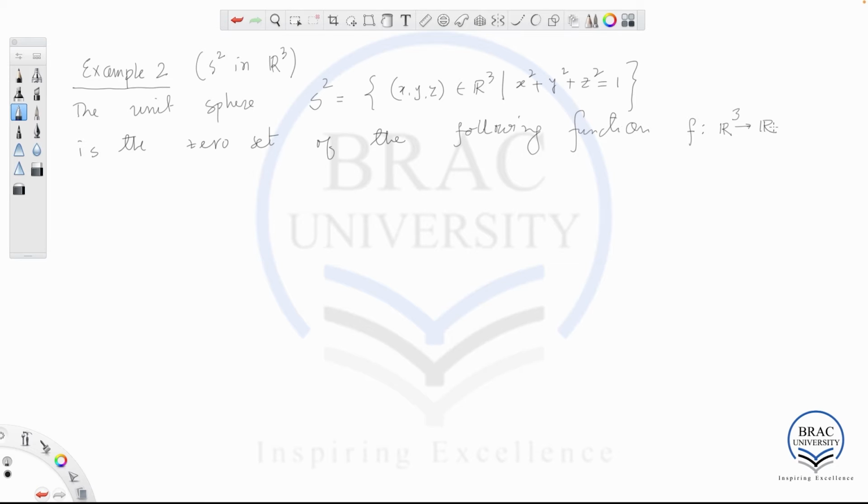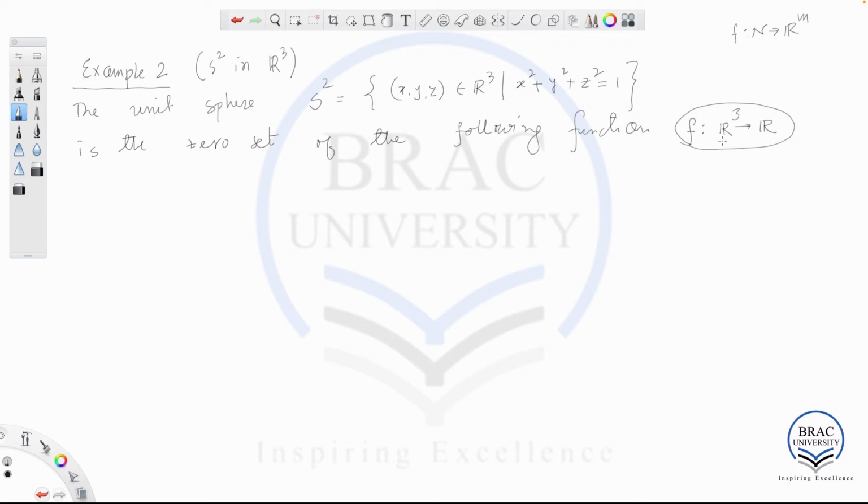We know that when we were talking about the zero set, it's always like this. So in this special case, N is R3 and M is equal to 1.